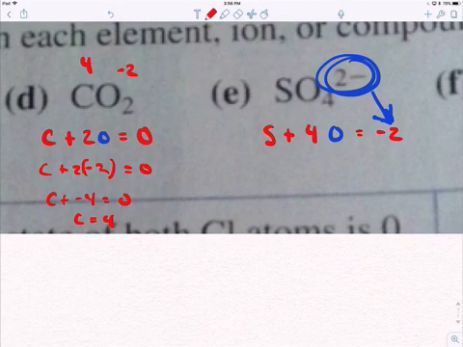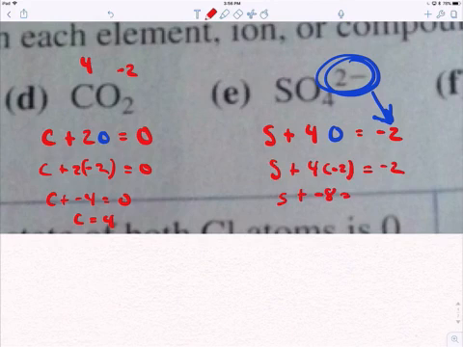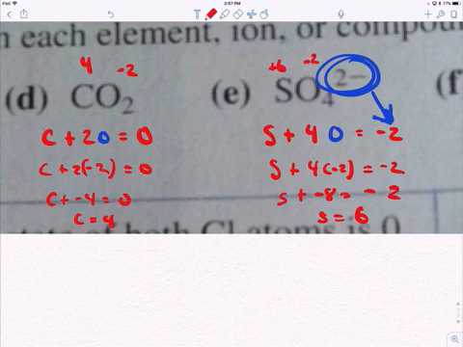Okay, and then oxygen tends to be -2. Sulfur plus -8 is -2. Sulfur equals 6. So we have +6 and -2.